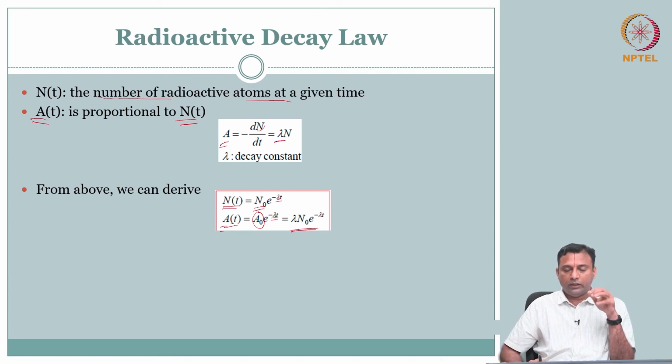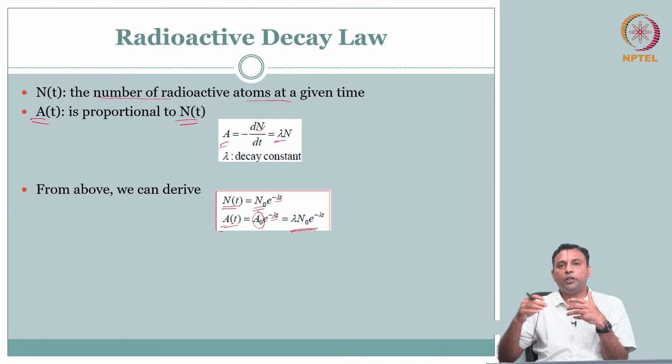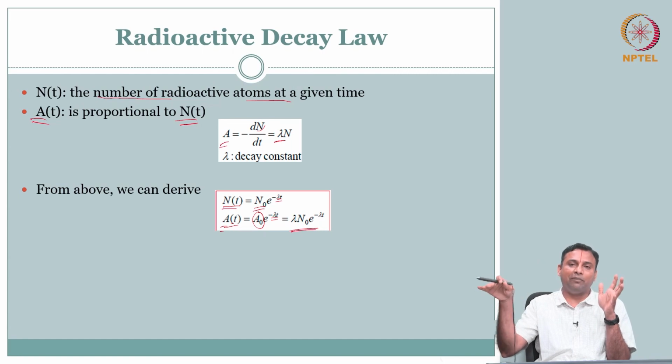Clear? So this means you start with some activity, it starts to decay, this is exponential, so it is never going to go to 0, there is some radioactivity that is always going to be there, but it will become insignificant after some time, and that depends on your lambda. What is that time?